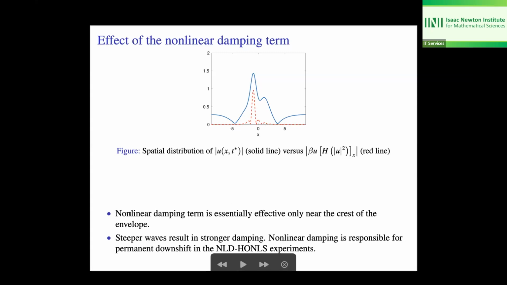And so you see that the nonlinear damping is essentially effective only near the crest of the envelope, and that steeper waves result in stronger damping. And so this nonlinear damping is very localized in space and time. It's not uniform or constant in time like you would have with linear damping. So it's able to achieve this permanent downshift.